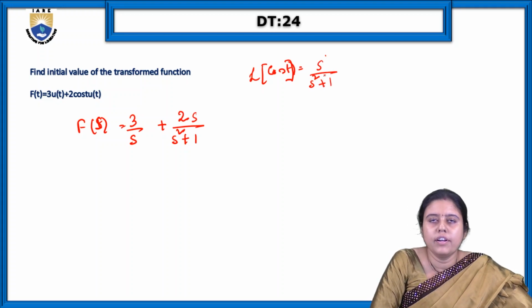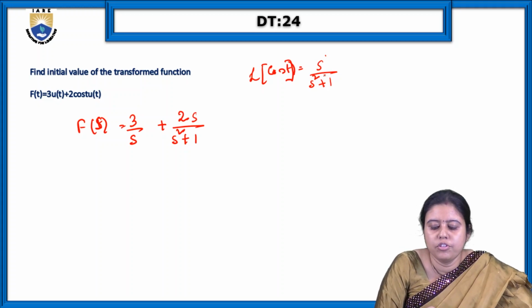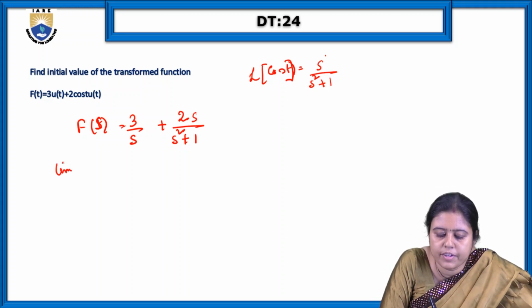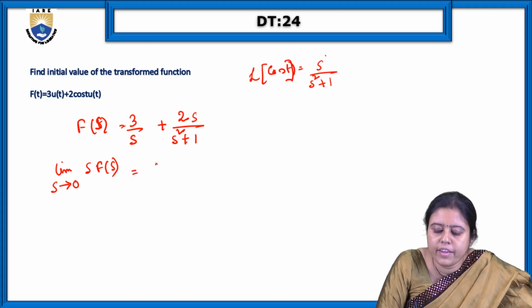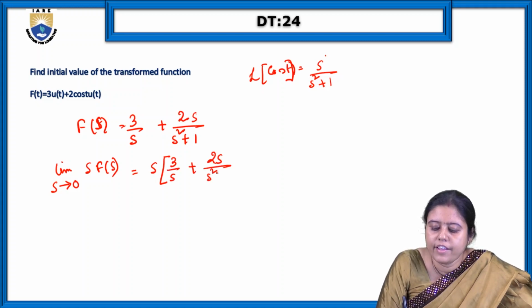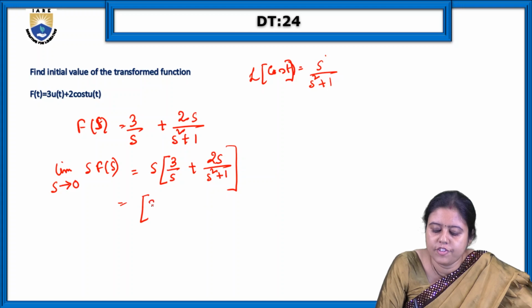Now we are calculating the final value theorem. What does the final value theorem tell? Limit s tends to 0 of s Fs. So it is s times 3 by s plus 2s by s square plus 1. The first part comes to 3, as the s's cancel out.